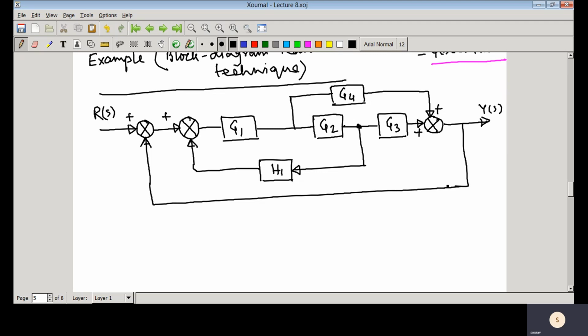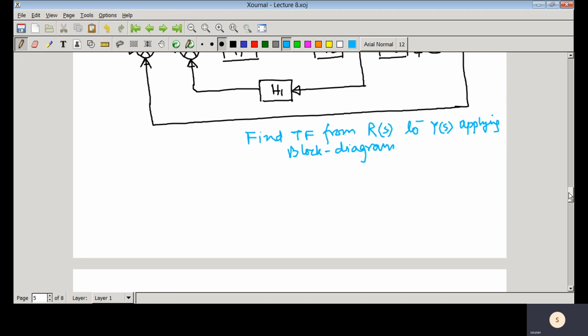So what is the objective? Find the transfer function from Rs to Ys applying the block diagram reduction technique.